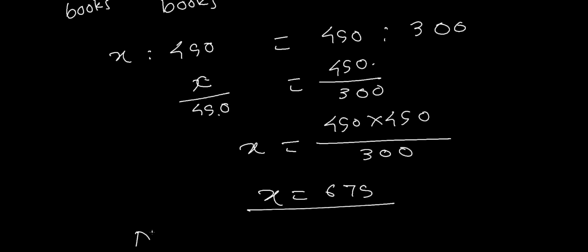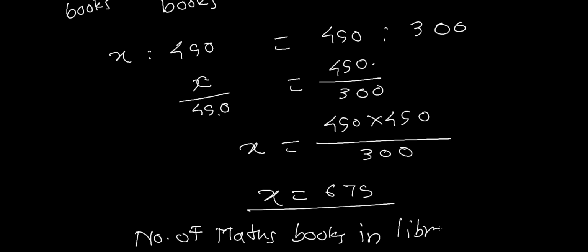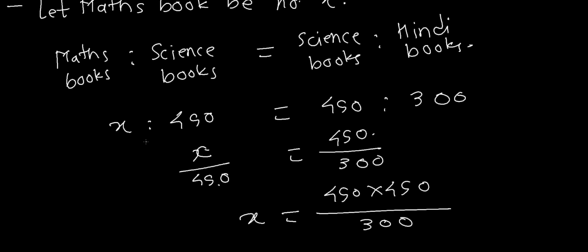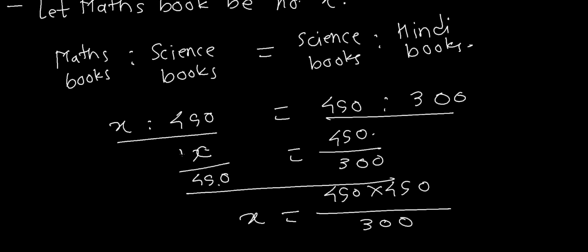So the number of maths books in the library is 675. What we have done here is we have converted the ratio into fraction form and just solved the later steps.